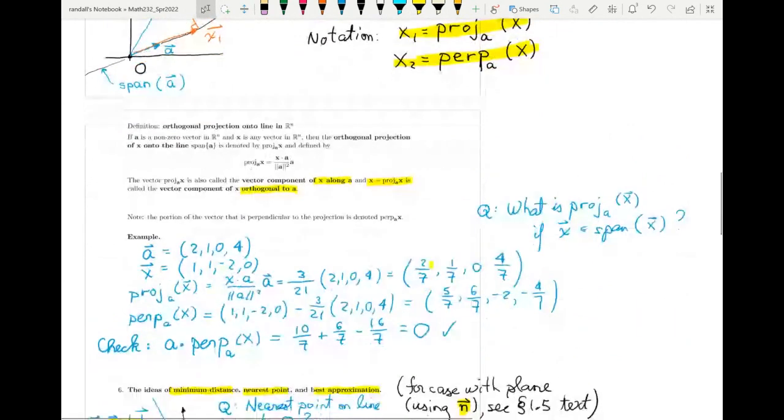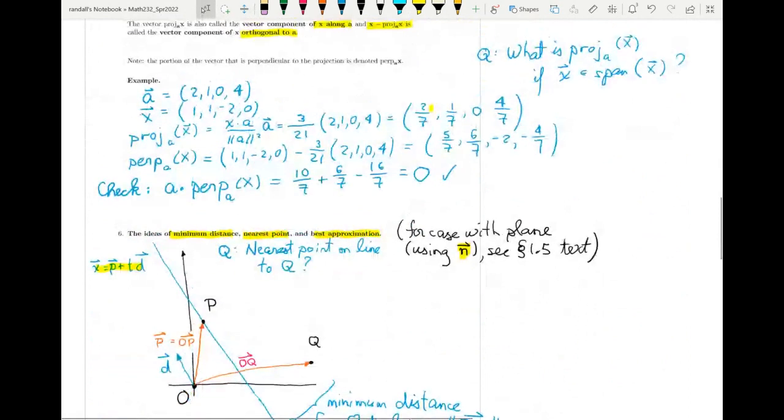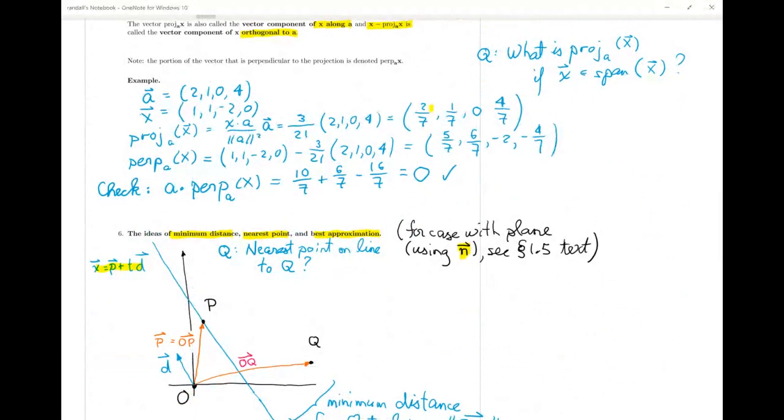to get the part that's orthogonal to the vector A. Okay, here's an example then in R4. So I'll take a vector A and a point x, a vector x. So I want to know how I can decompose this vector x into two vectors, one parallel to A and one perpendicular to A. And I use the formulas above. So the part parallel to A, which we denote by projection of x along A, proj A of x, is given by the formula above.